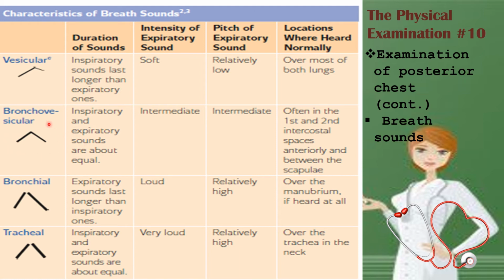For bronchovesicular, inspiratory and expiratory sounds are about equal. The intensity of the expiratory sound is intermediate. The pitch of the expiratory sound is intermediate as well. It is often heard in the first and second intercostal space anteriorly and between the scapulae.